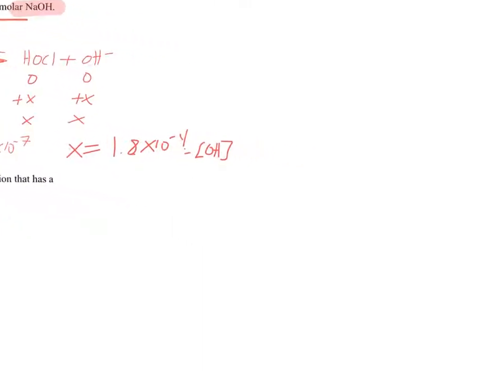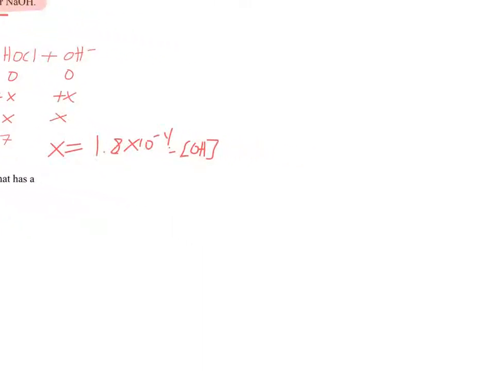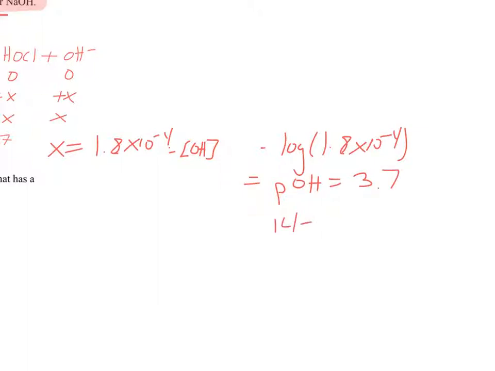So to find the pH, to find the pOH, I take the negative log of that number, 1.8 times 10 to the negative 4th, which gives me the pOH. That's equal to 3.7, and then 14 minus 3.7 is 10.3.